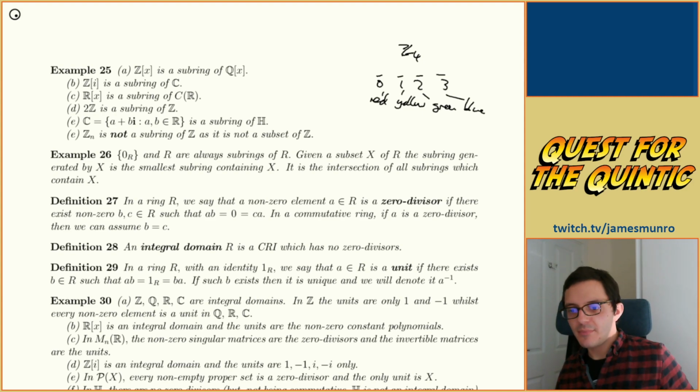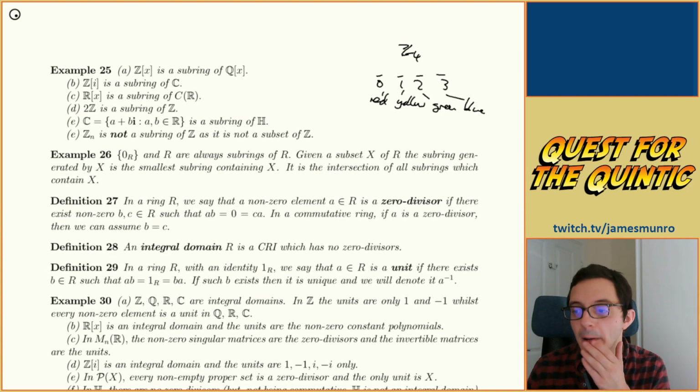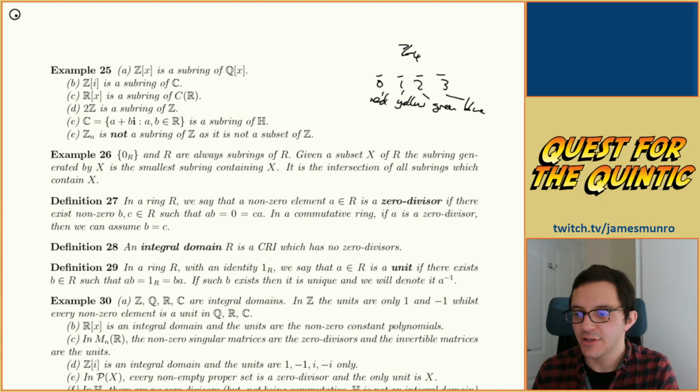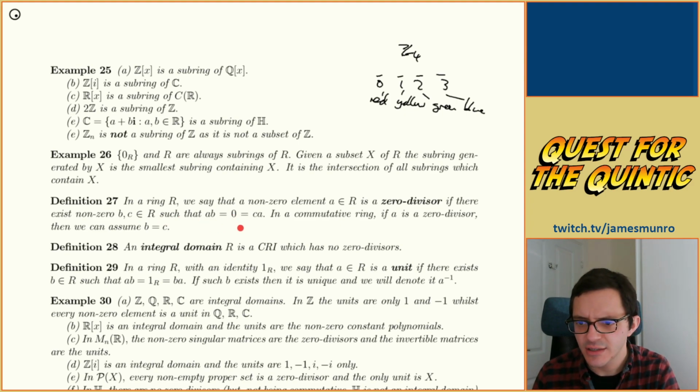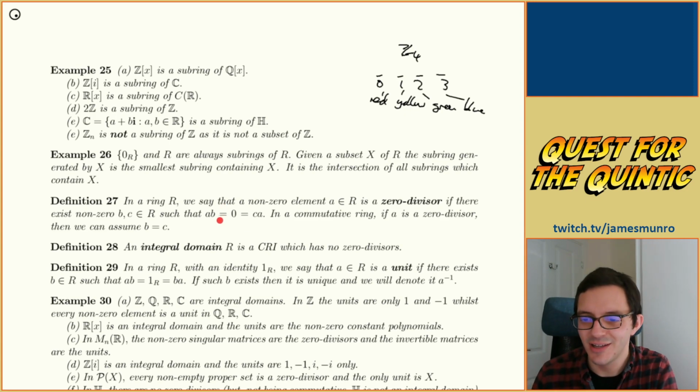Okay, here we go. We're going to jump in with some definitions next. An element is a zero divisor if you can multiply it and get 0, with the other factor not 0, B and C, in a commutative ring. Just if there's something that you can multiply it by to get 0.